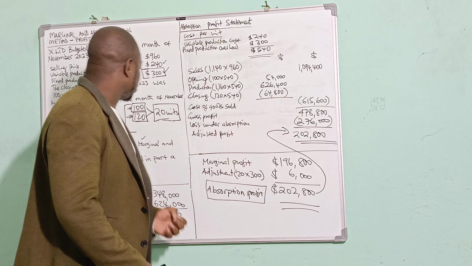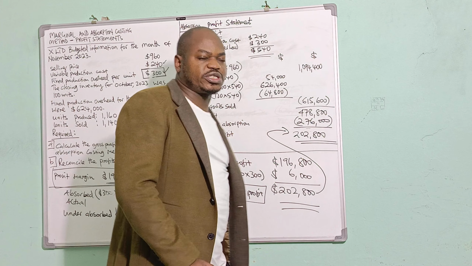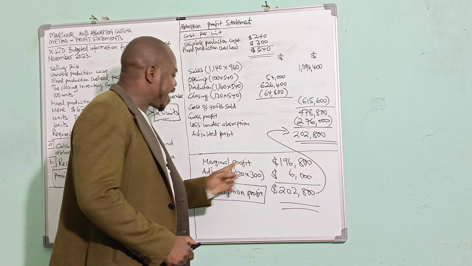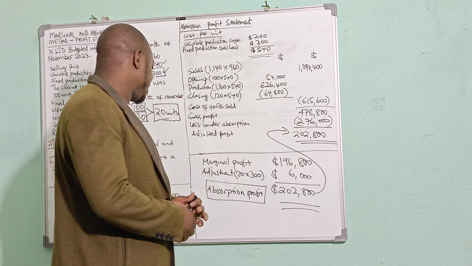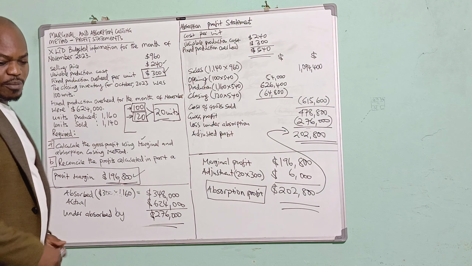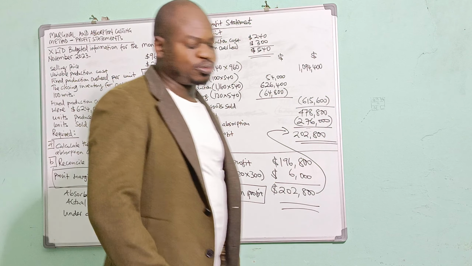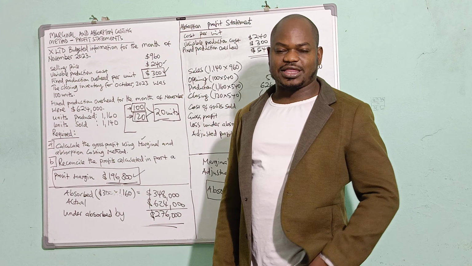But in this event, where there was an increase in inventory, we know that absorption costing recorded a higher profit. So as we are adjusting the marginal, we have to add it back as the case could be. So this is how you do marginal and absorption costing profit statement approaches. Thank you so much.